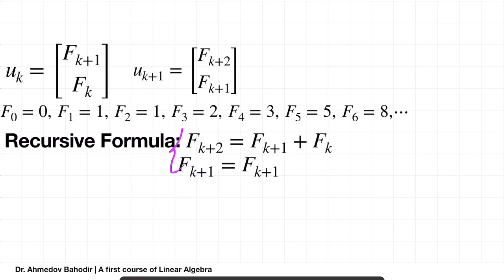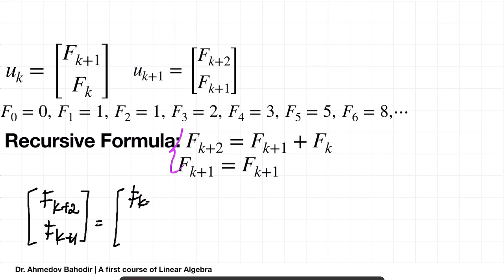On the left-hand side, I've got this vector, which is going to be fk plus 2 and fk plus 1. And on the right, we've got another vector, fk plus 1 plus fk and fk plus 1. So we've got these two vectors which are equal, which will lead to the system.